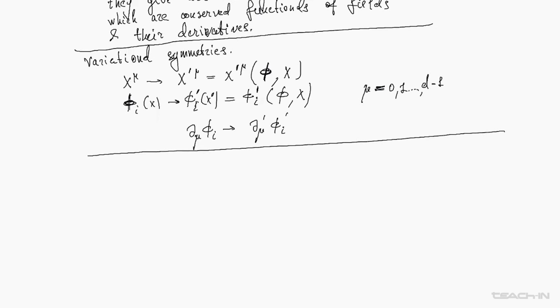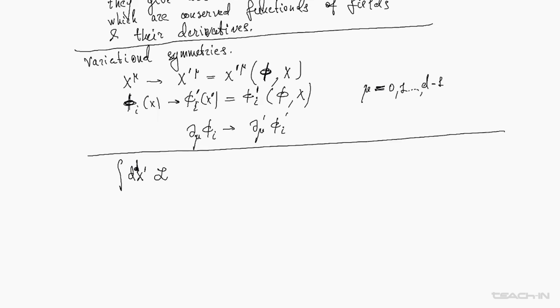It means that if we take our action functional, which is an integral over d-dimensional space-time of the Lagrangian density, then in the new coordinates, the action will look like the integral of d^d x' of the Lagrangian density, with the d-dimensional measure in the new variables x'.